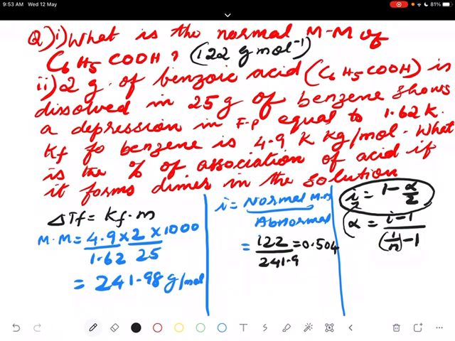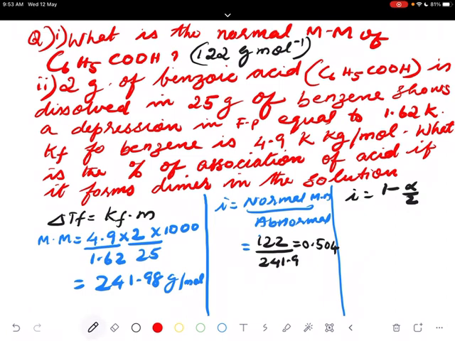So here, what is i? i is equal to 0.504, which is equal to 1 minus alpha by 2.